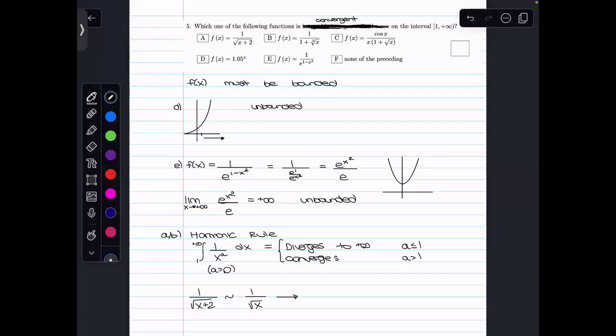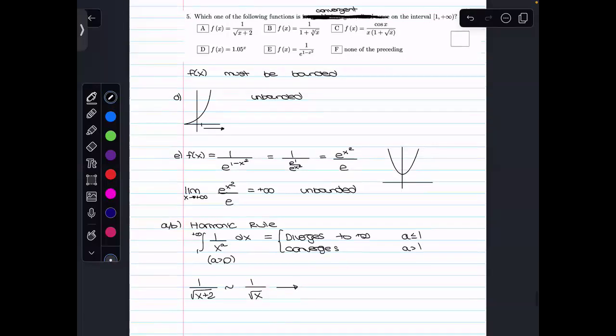And if you use the asymptotic comparison test, which essentially says that instead of integrating or considering the original one, you can just look at the simpler one that it is asymptotic to, then you can see that this is just a special case of the rule that we just saw, where specifically the power is 1 over 2. And then if you're in the case of the power of 1 over 2, then it's going to diverge.